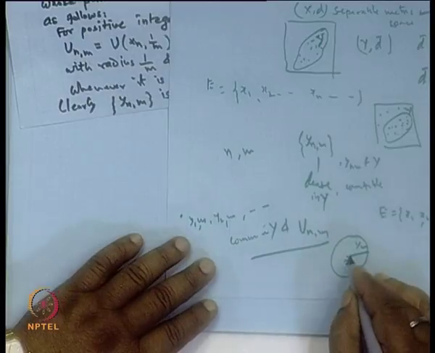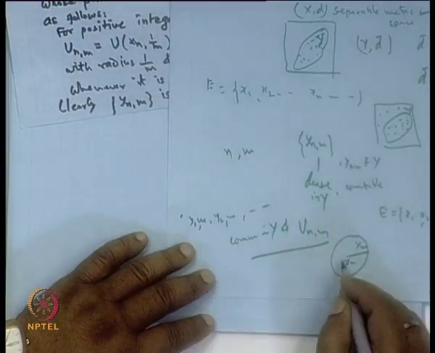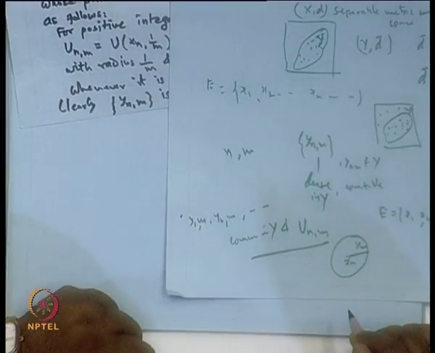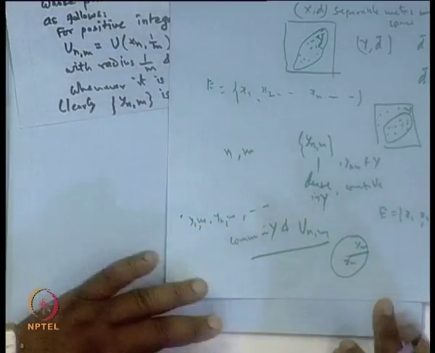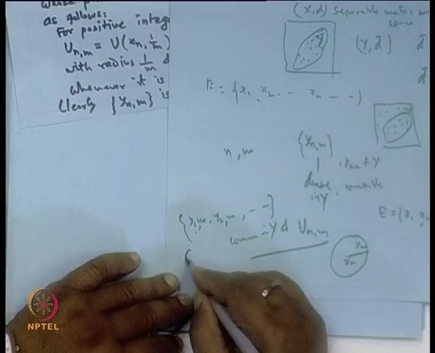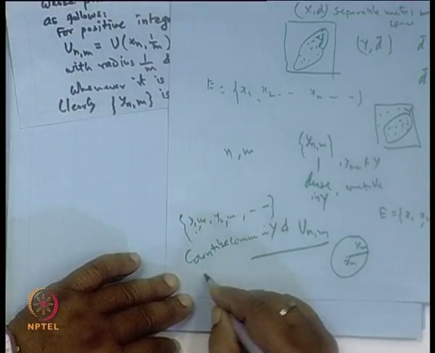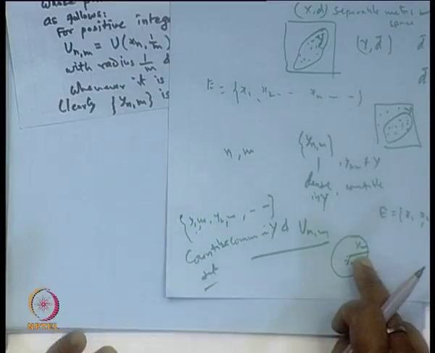It means these balls are countable in number. Now, some of the balls do not intersect with Y. So, remove those balls; the remaining balls will still be countable. Therefore, the y_nm form a countable set. Agreed? Okay.